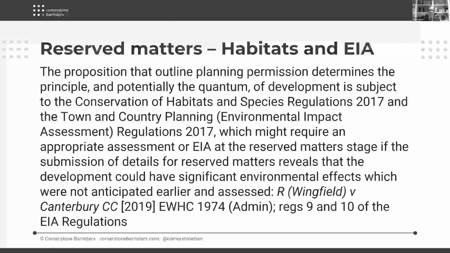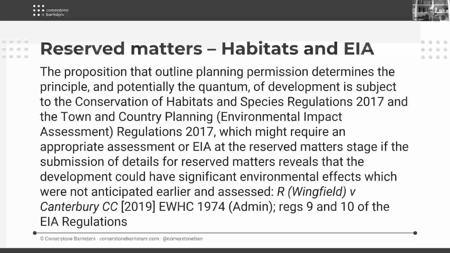If it turns out at the reserved matters stage that there are likely to be significant environmental effects that, for whatever reason, haven't been taken into account already, either because no EIA or appropriate assessment was carried out, or because those assessments didn't actually identify those particular effects, then it may be necessary to carry out either a further or supplementary EIA or appropriate assessment.